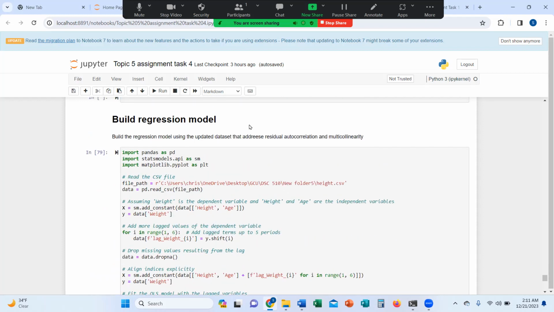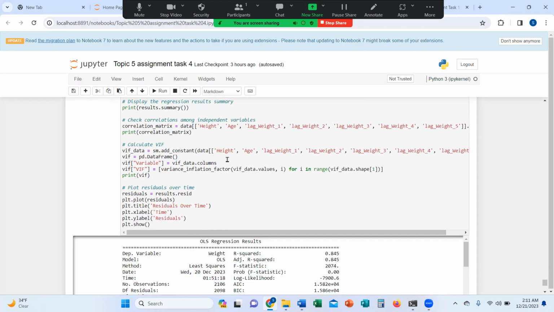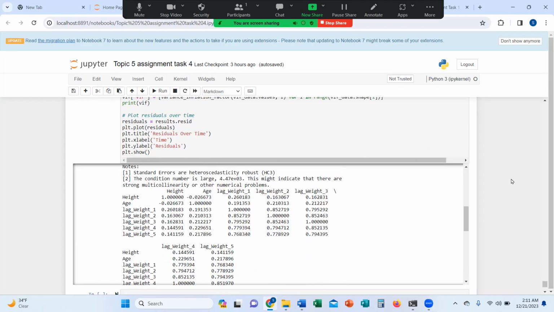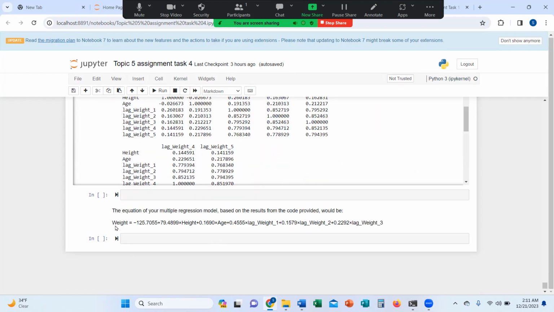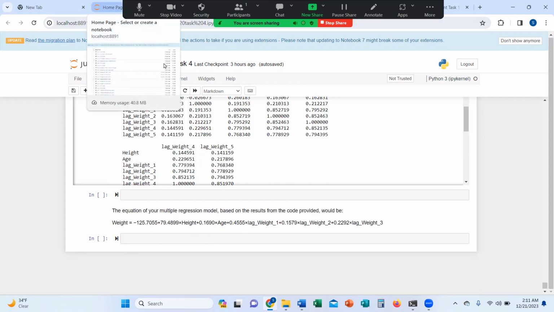Then I built the model with weight, and this is the equation, with all the weighted value as well as the height and the age. But that is for task 4.